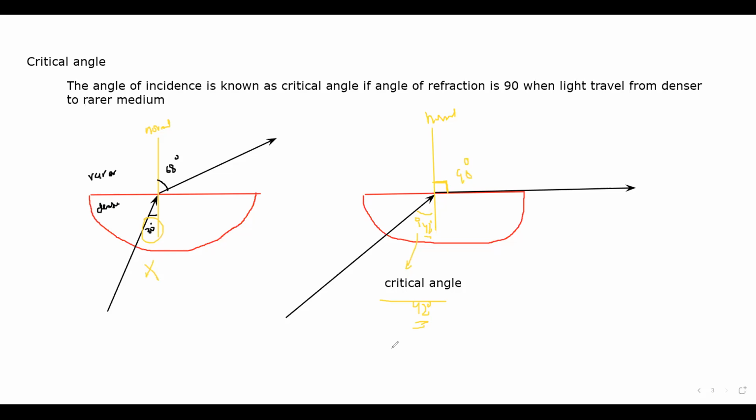The definition of a critical angle: the angle of incidence is known as the critical angle if the angle of refraction is 90 degrees. If it is not 90, we simply say it's the angle of incidence. But when the angle of refraction is 90 degrees, we specifically say the angle of incidence is known as the critical angle.